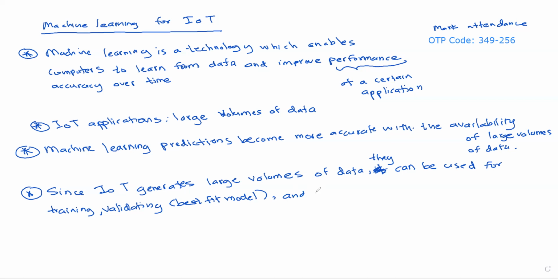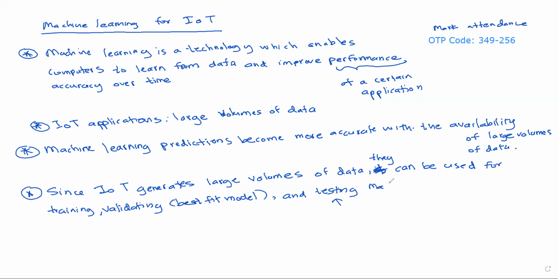Then we have the testing phase, where we add new data as inputs to the machine learning model we trained, and check the output for the new data. So in the testing phase, we can observe the actual performance of the machine learning model.